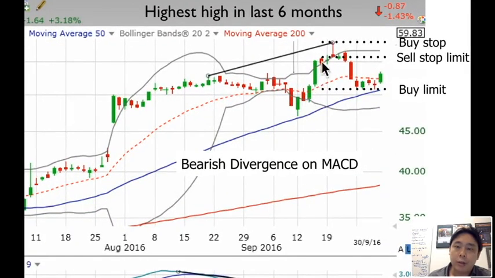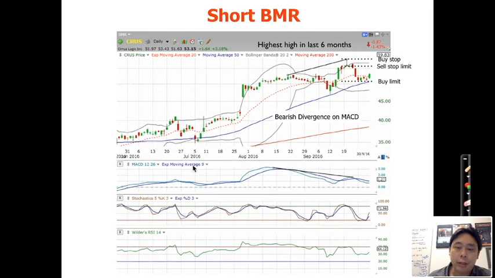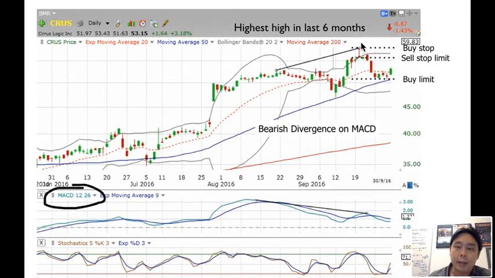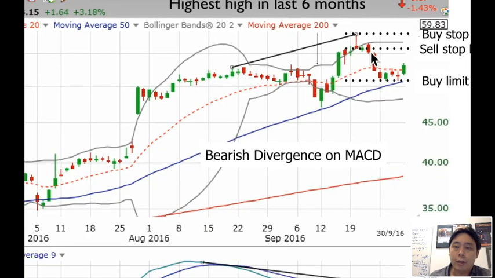Price rising to a new high, overbought, overstretched, outside the upper Bollinger Bands. We have a bearish divergence on the MACD. Price making higher highs, MACD making lower highs, so telling us that it is not really sustainable. We place our entry again, 5 cents below the low of this candle.